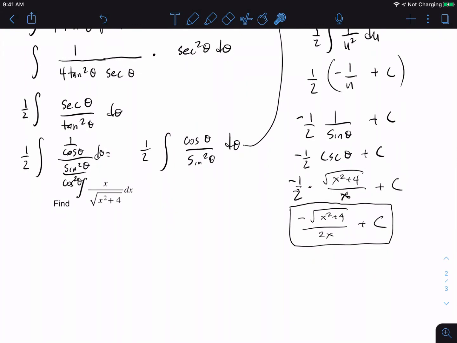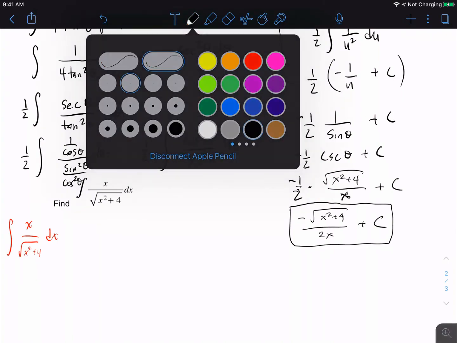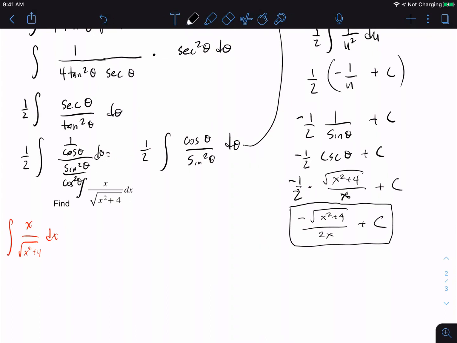So we have, and I'll just rewrite it so we have a little bit more space, the integral of x over the root of x squared plus 4 dx, and we can see this one is also going to be the tangent substitution, correct? So in this one's case, x is going to be equal to 2 tangent of theta.